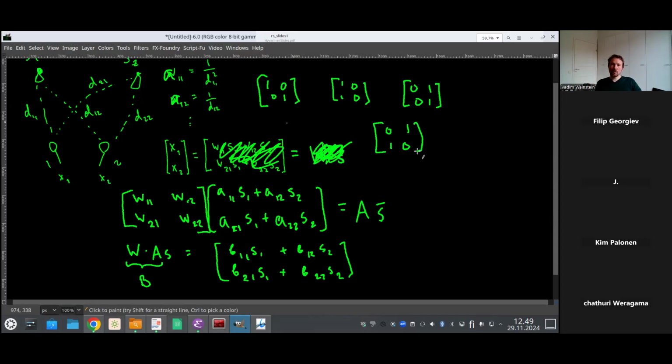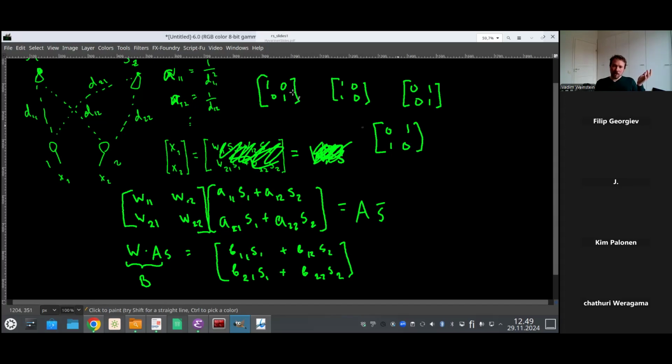So these four options are the only ones which leave only one of S1 or S2 in a given row. If it's not of this form, then both appear, assuming that we normalize everything so that the norm of the matrix is one. There are no other options; it has to be a rotation matrix basically.